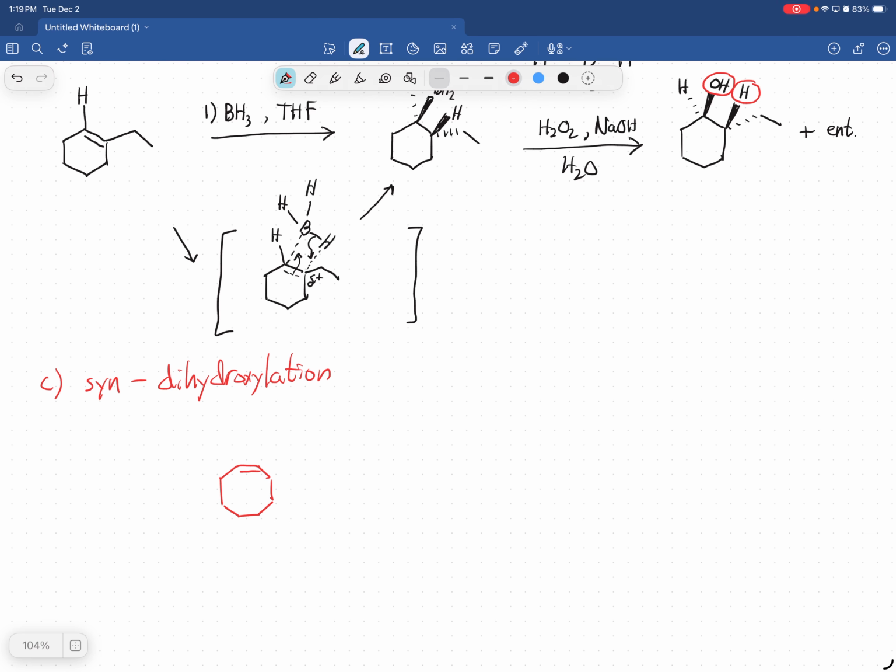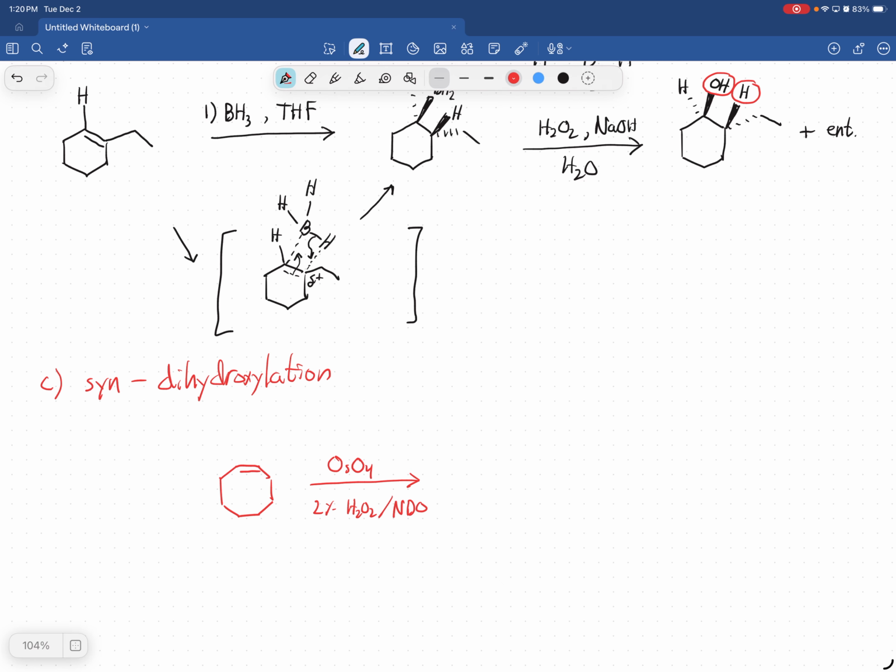I highlighted that in that packet too, so if you want to review that, that's a quick guide. All right, so let's take cyclooctene, and we're going to react it with osmium tetroxide. So you might see osmium like this, and you might see a few percent H2O2 with something called NMO. Don't worry about what this is. That's a catalyst. All right. So osmium is very toxic and so expensive that we can't use it in molar amounts.